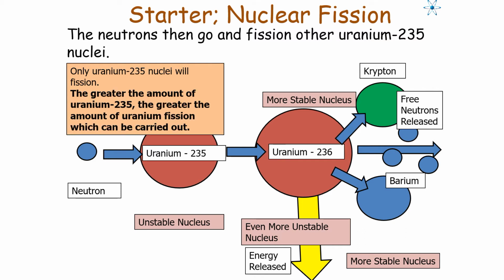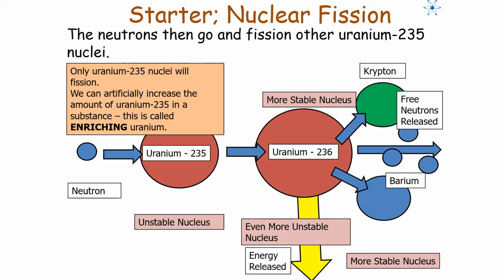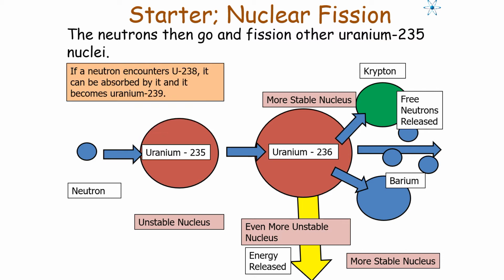So the greater the amount of uranium-235 in our sample, the greater the amount of fission that can be carried out. We can artificially increase the amount of uranium-235 in a substance. We call that enriching uranium, or enriched uranium. If a neutron encounters uranium-238, it can be absorbed and you just get uranium-239, and there's no more of the fission process that takes place.